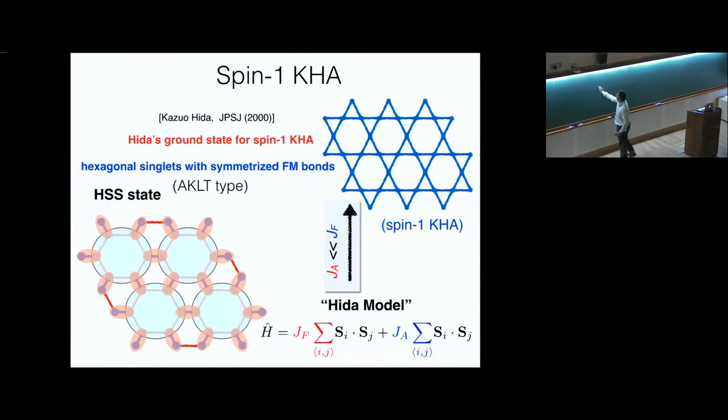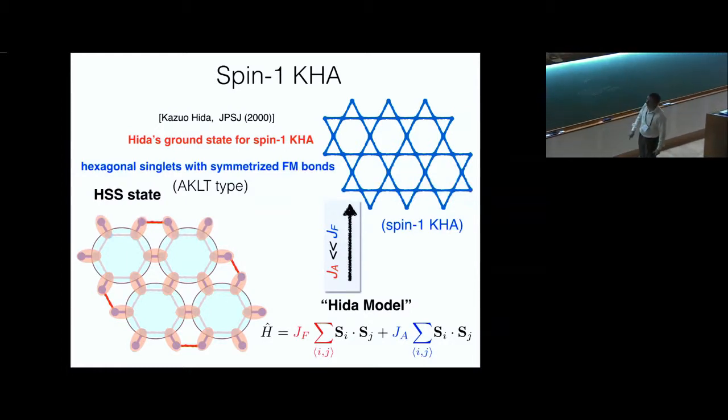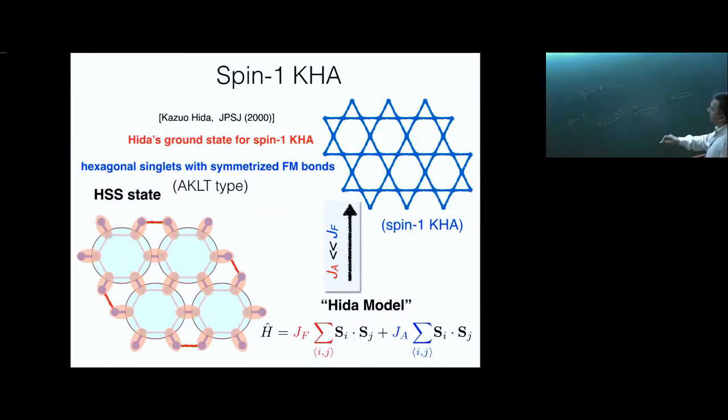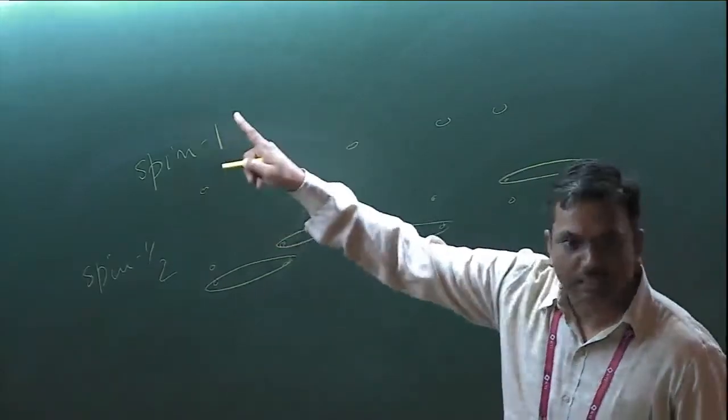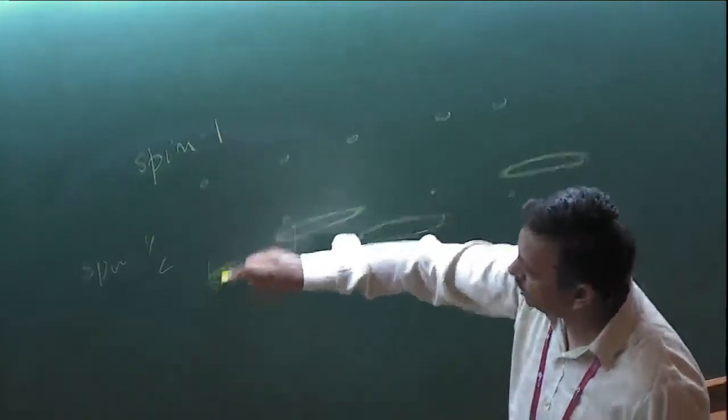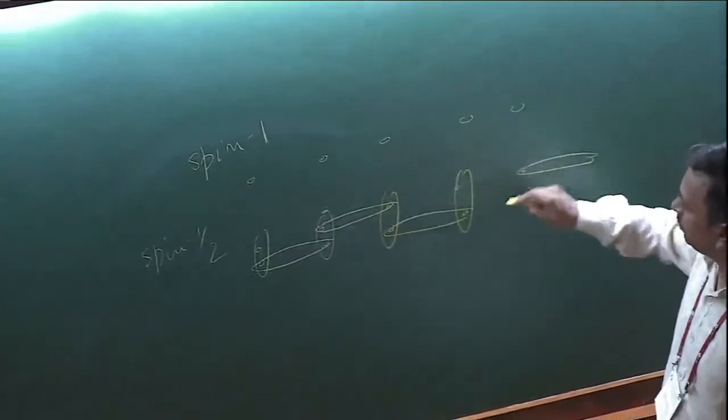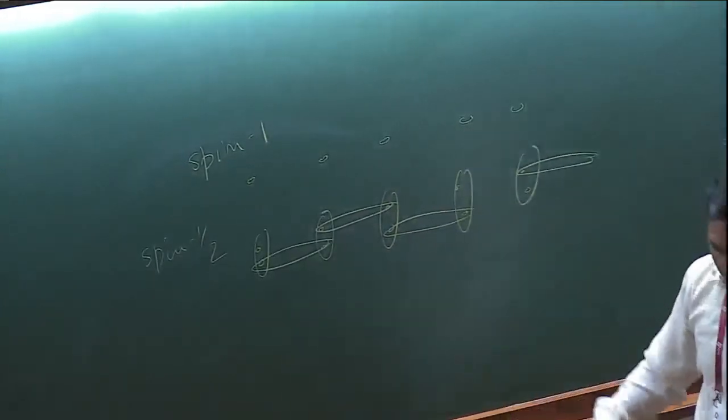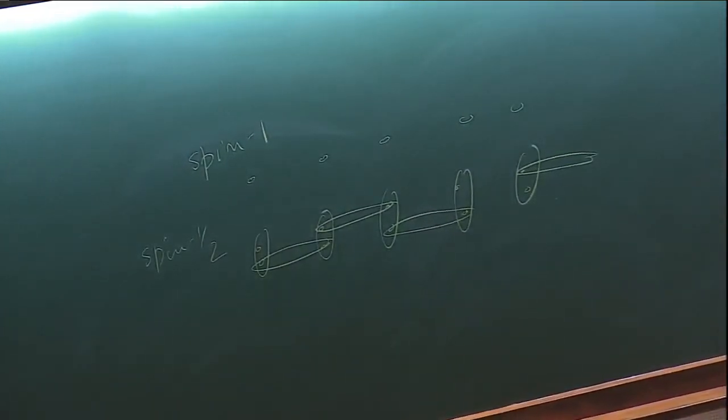So this is spin-1, this is spin half. And then you make valence bonds, like Hida is making the hexagonal singlets. Because in the end you have to generate the physics of spin-1, you symmetrize each pair of spin halves to make a spin-1. This is why I'm saying it's an AKLT type state.